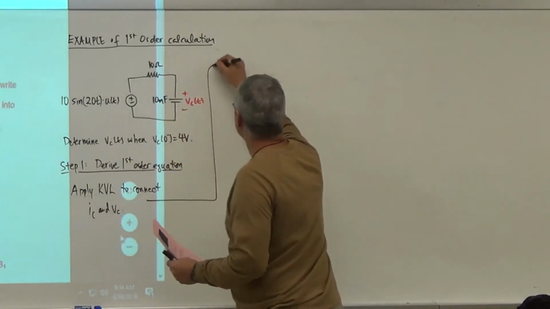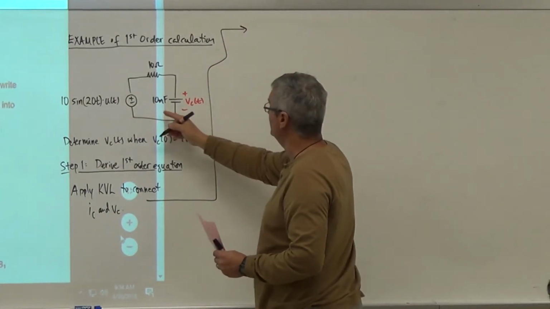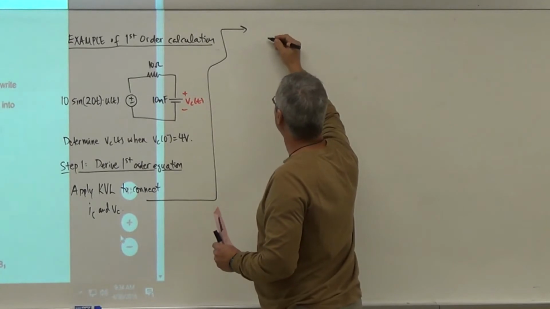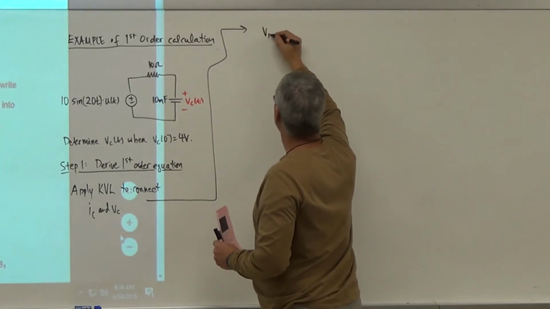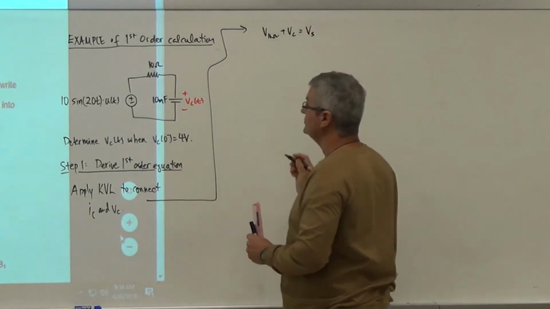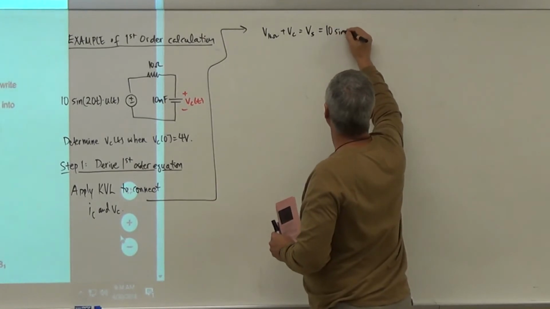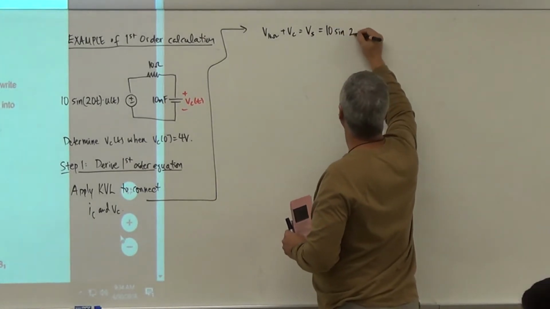As I do this, if I go around the circuit, I've got to have the voltage across the 10 ohm plus the voltage across the cap, which is the voltage across the source, and this has to be 10 sine of 20t.